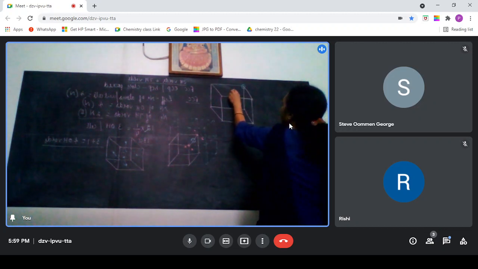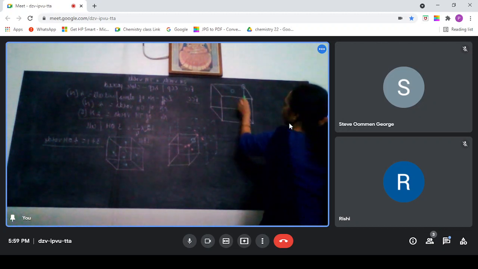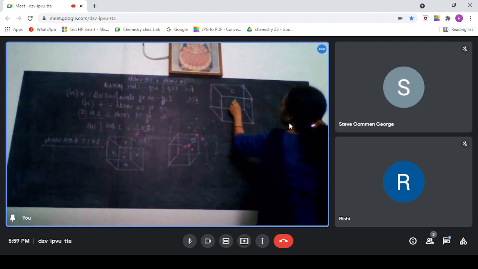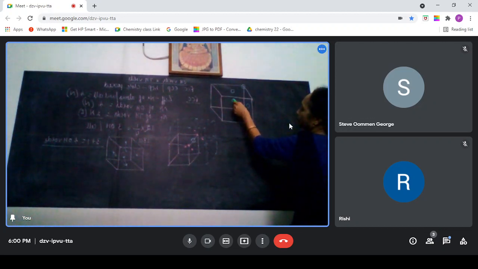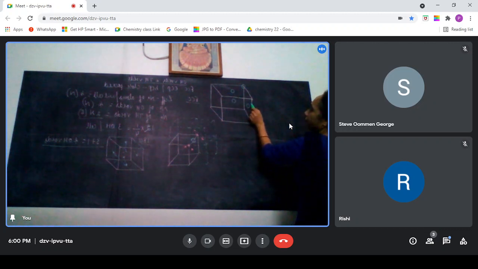This particle will be touching one particle here, one particle here, on this face and this face, that means front face, upper face, side face.